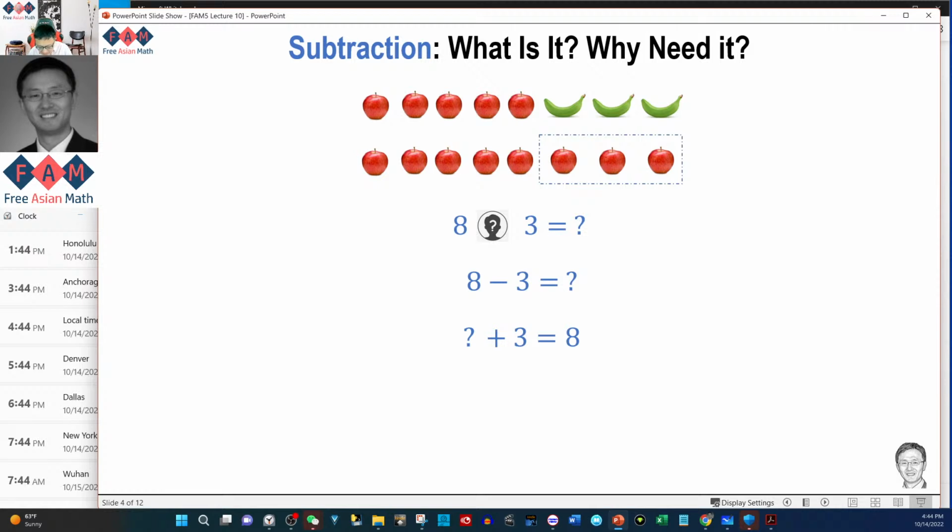Whatever this number is, we plus 3 from this number should give us 8. So clearly, subtraction is nothing but a restatement of addition, just in an inverse way.